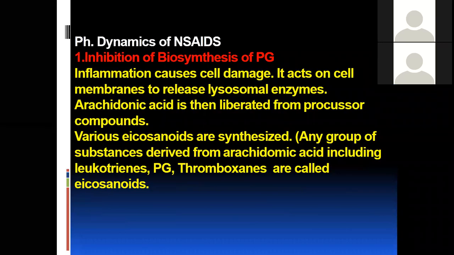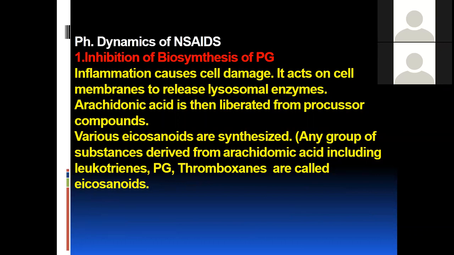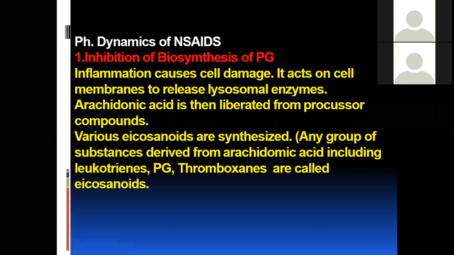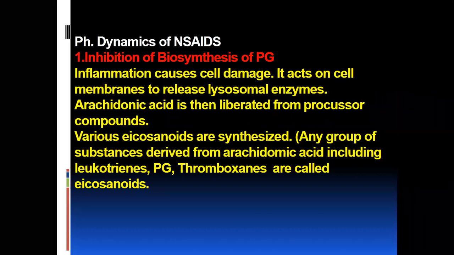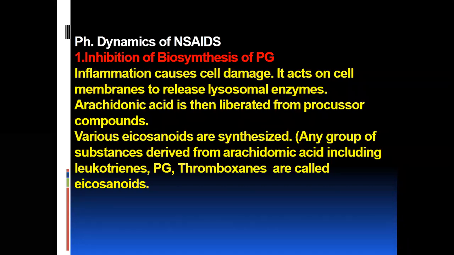Now, this is the same pharmacodynamics of non-steroidal anti-inflammatory drugs, which I have already described: inhibition of biosynthesis of prostaglandin. Inflammation causes cell damage, which acts on the cell membrane, lysosomal enzymes are released, arachidonic acid is then liberated, and then various eicosanoids are synthesized.